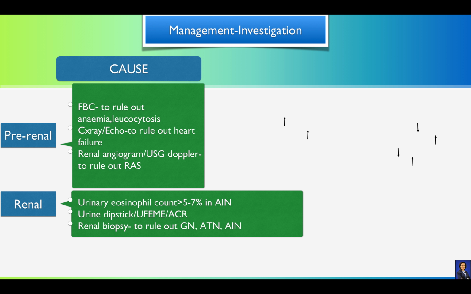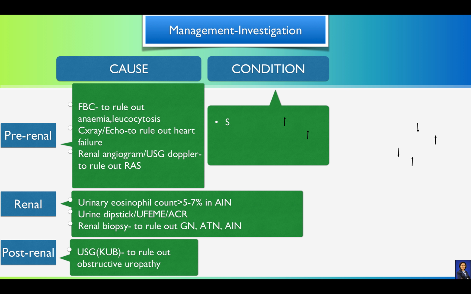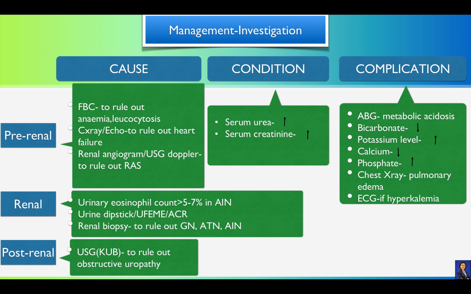Urine dipstick, urine FEME, or urine albumin creatinine ratio can look for nephritis as well. For post-renal causes, you can order an ultrasound KUB. To confirm acute renal failure, the creatinine and urea levels will be high, or you can check creatinine clearance.